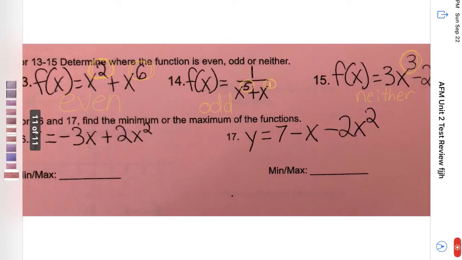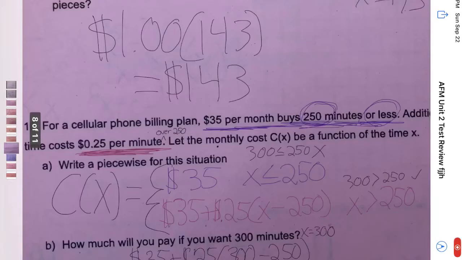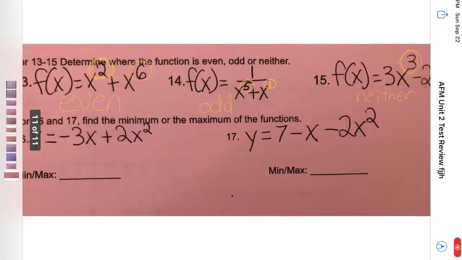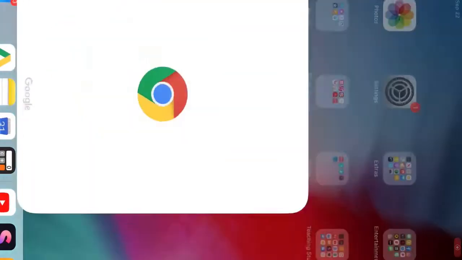So then we go to our min and our max. Min and our max, we're just graphing it. So we can use our graphing calculator to make it calculate it for us, or we're going to use Desmos. So let's use Desmos. Okay. So let's go to the internet.